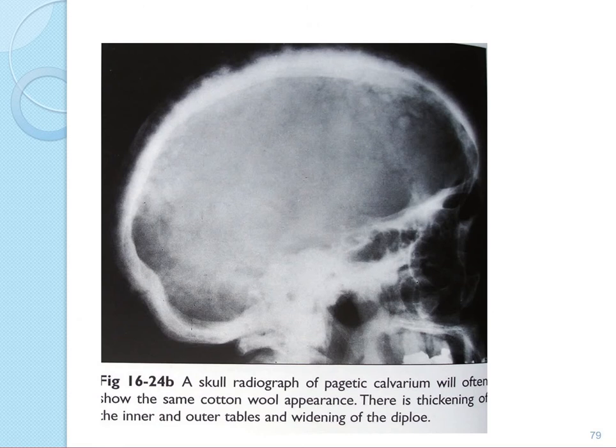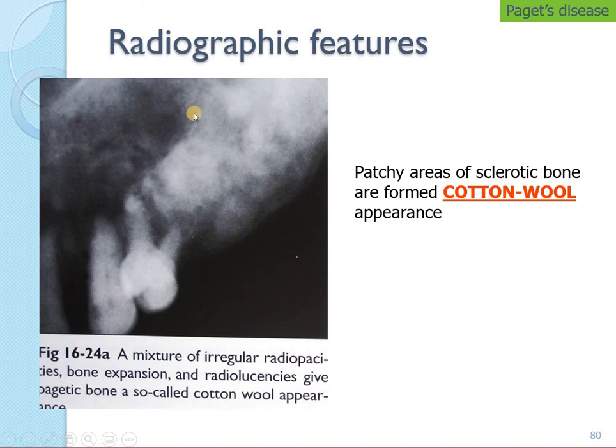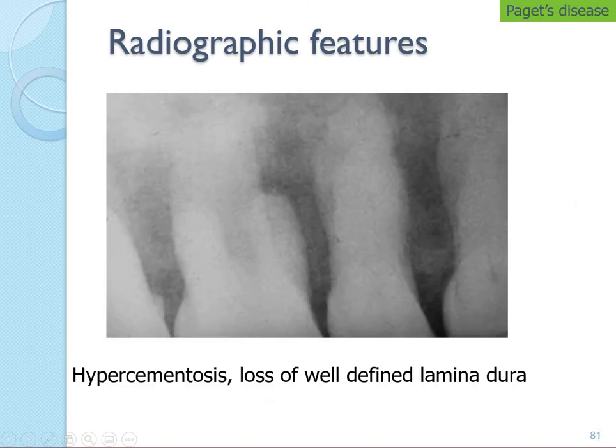Also, the radio-opacities will give rise to a cotton wool appearance as you see here. Another cotton wool appearance in the alveolar process. There may be hypercementosis, and excessive cementum will make the lamina dura not properly visible.